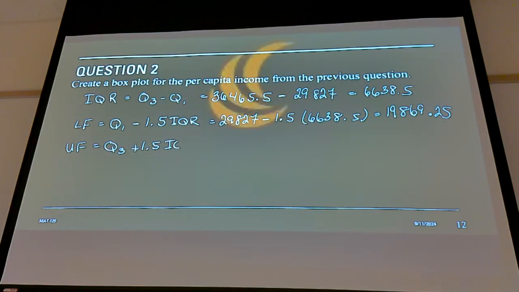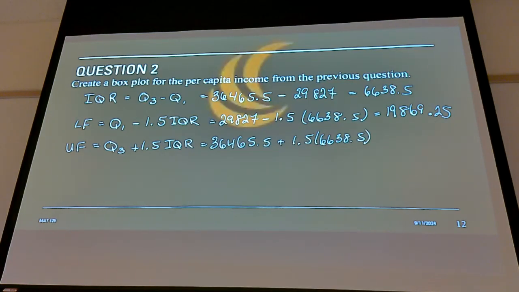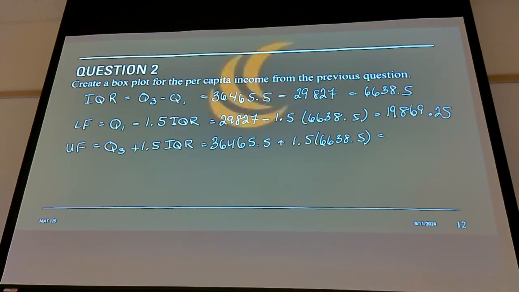And then the upper fence, Q3 plus 1.5 IQR. 36,465.5. That's 46,423.25.